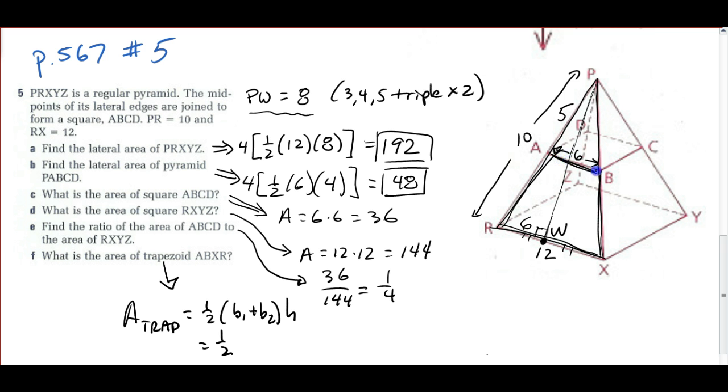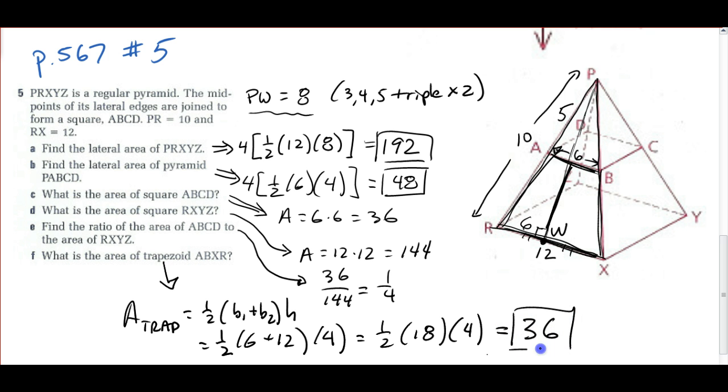The top base here is 6, the bottom base is 12. The height is half the height of the whole thing. The whole thing was 8, so that's going to be 4. So we get half times 18 times 4, which is 36, if I did that calculation correctly.